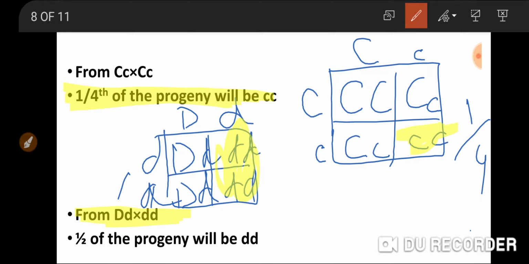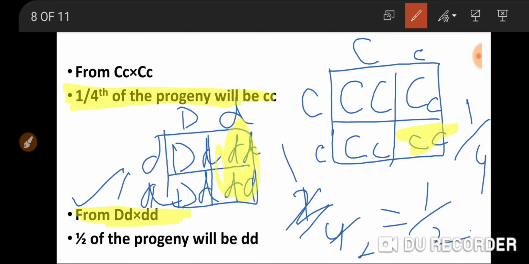So the probability of getting the small d genotype from this cross is 2 by 4. 2 are the offspring having the genotype, and the total number of offspring is 4. So again 2 1s are 2, 2 2s are 4, it comes 1 by 2. So the probability of getting the genotype of small d from this cross is 1 by 2, or in other words we can say 1/2 of the progeny will have the genotype of small d.